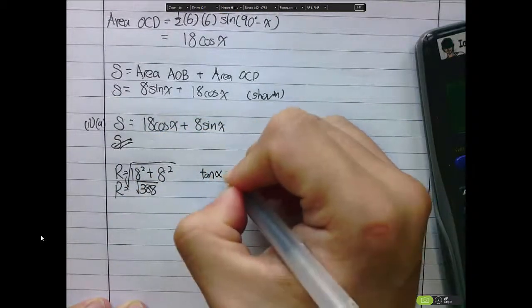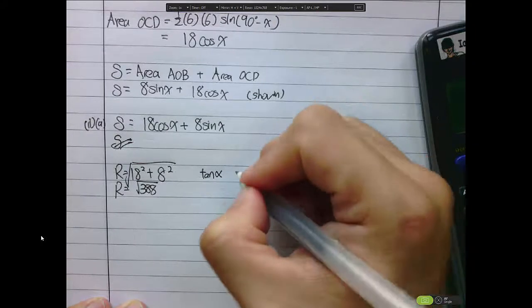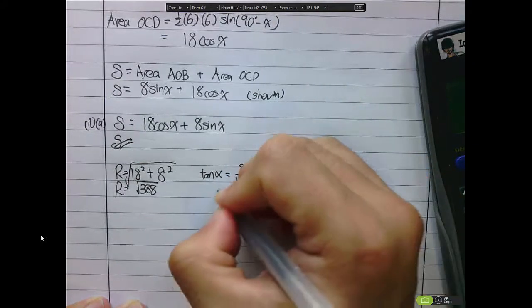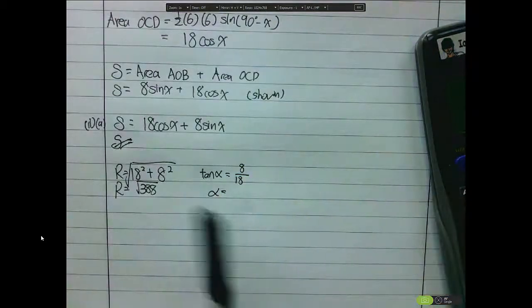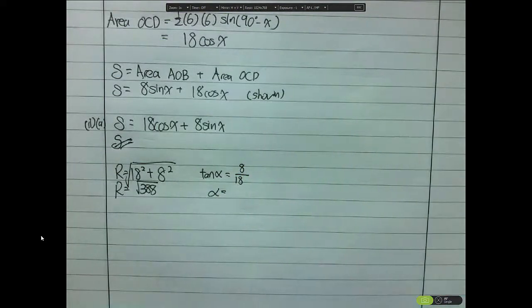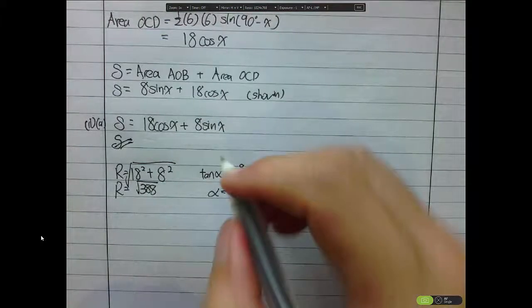Tangent alpha is equal to 8 over 18. Again, the question is a lot simpler if you put sine in front, but I just want to give you an example of what happens when we put cosine in front. Alpha is 23.962 degrees.